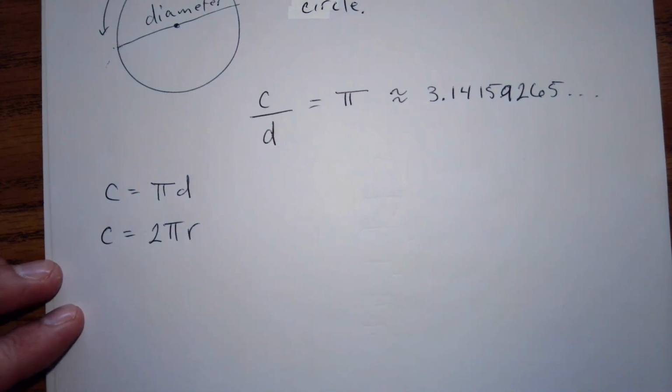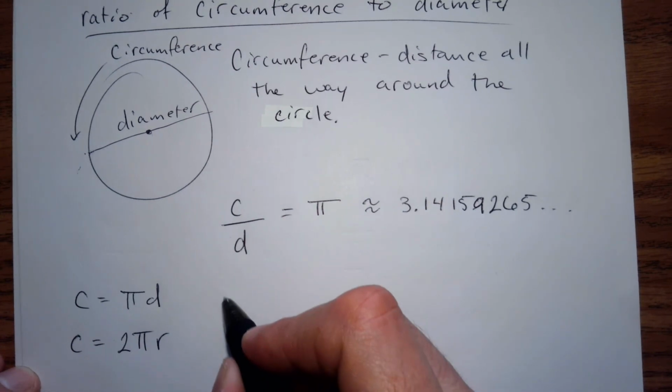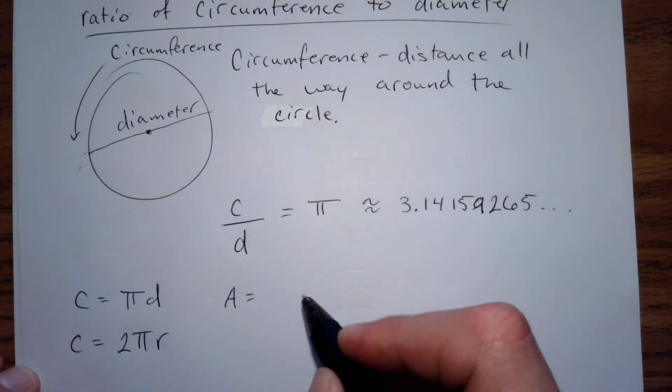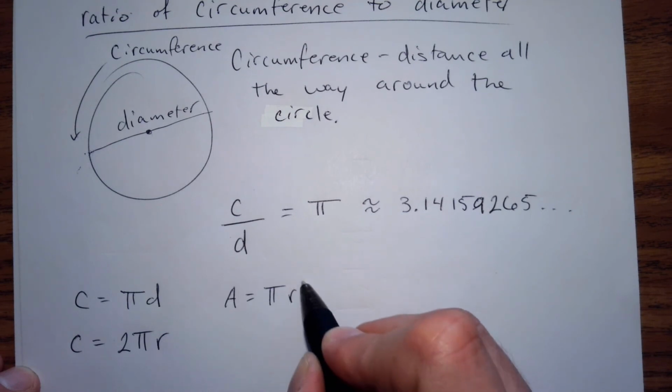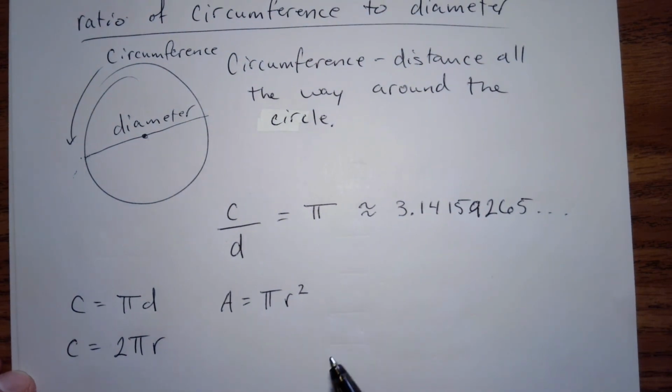Those are the same formula. That's where it comes from, just by multiplying both sides by the diameter. And then area comes from some other stuff, but these are the basic ones that we're going to look at. I'll write down the area formula as well. So area is pi r squared. We have square units for the area.